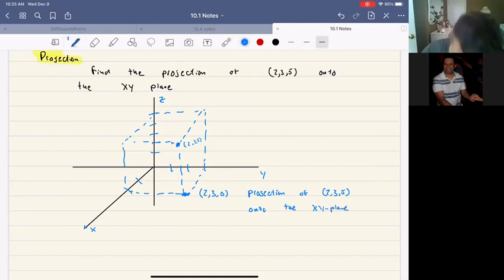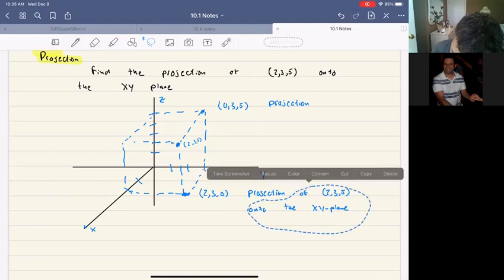Okay, this point here, which would be what? That would be 0, 3, 5. That's the projection onto the YZ plane. Should have just copied that earlier.